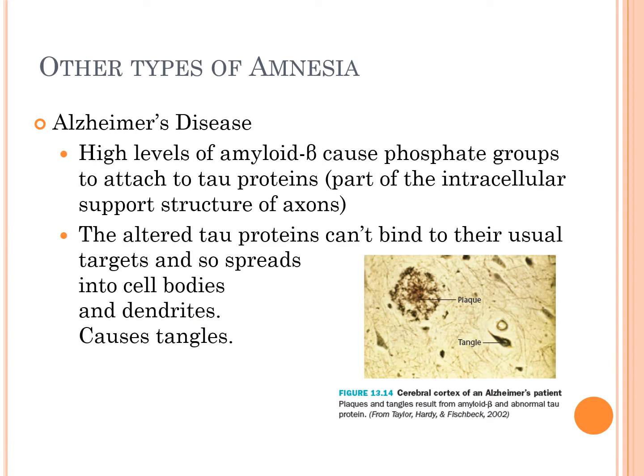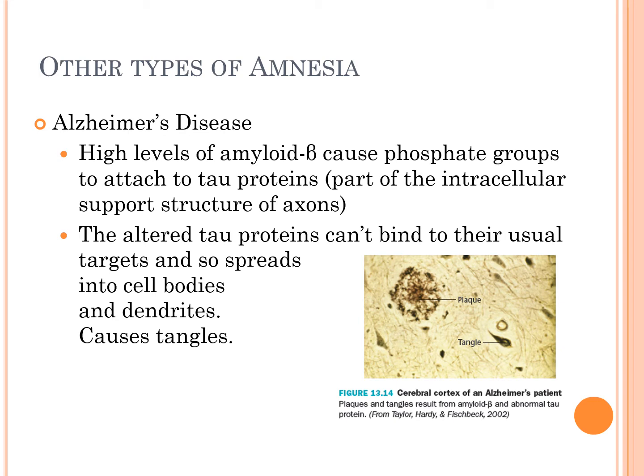Another hypothesis of what's going on in the brain in people with Alzheimer's disease is that it's the tau proteins that are not binding to their usual targets, and so are spreading into cell bodies and dendrites. Normally they carry information down the axon, like little trains moving along the microtubules.